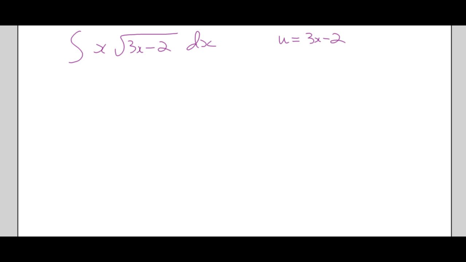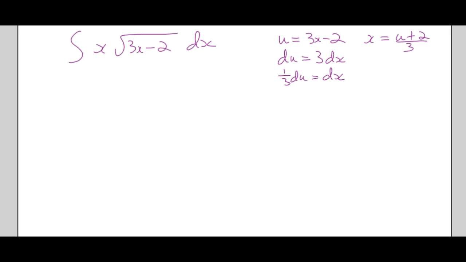So x is going to be u plus 2 over 3. And du will be 3 dx. Now, I don't have a 3 to go with the dx here, right? I just want a 1 dx. So 1/3 du is equal to dx.